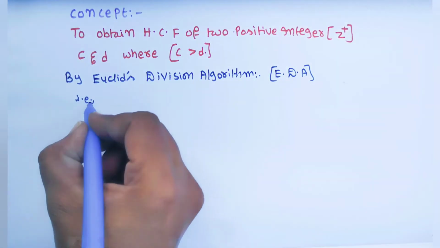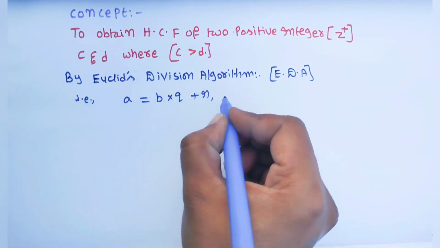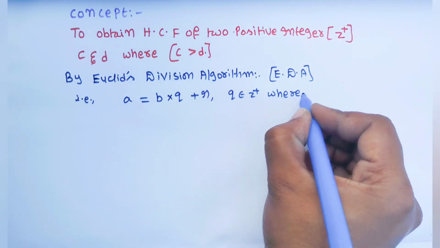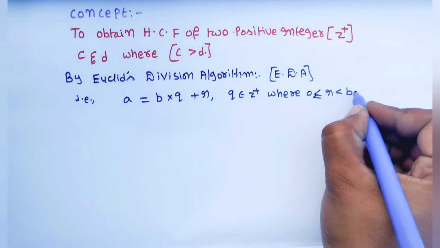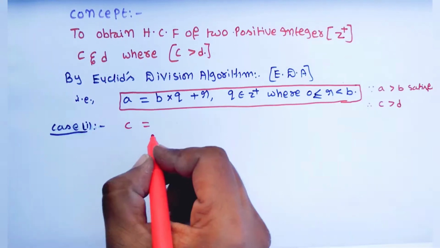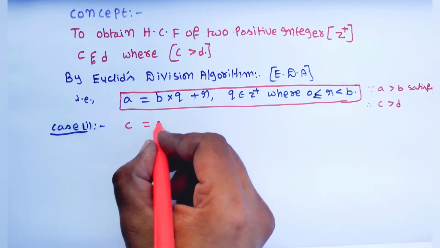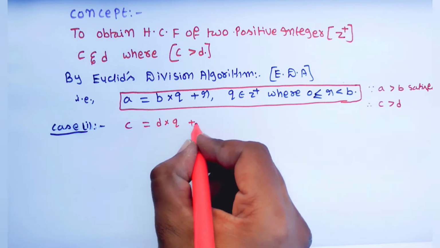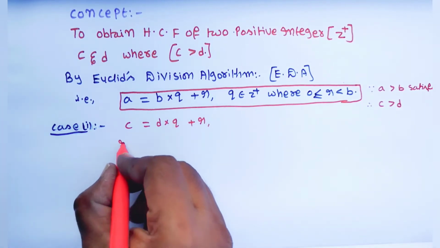Here the formula is A equals B into Q plus R, Q belongs to Z plus, where 0 is less than or equal to R less than B. Comparing, A is greater than B, since C is greater than D, so in place of A and B we substitute C and D. That gives C equals D into Q plus R.